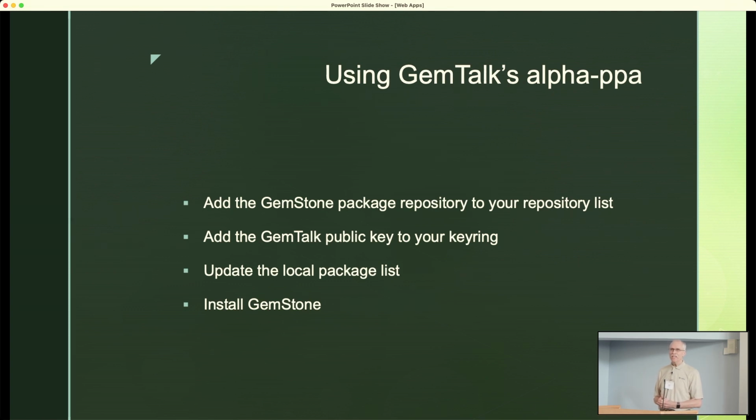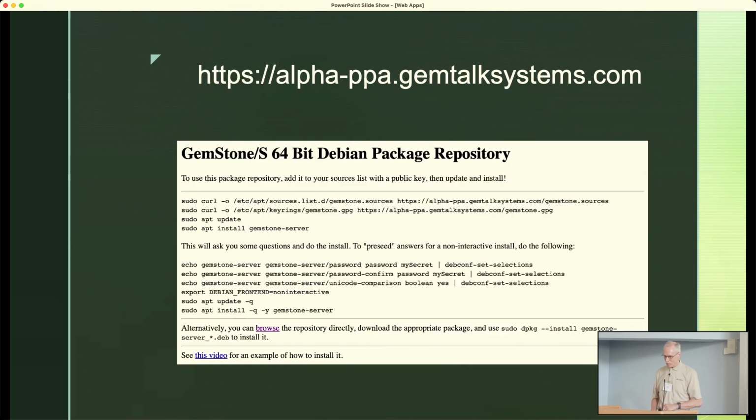To use it, there's just a few steps. Add this repository to your list of repositories, and I'll go through these in detail. Add the public key to your list of keys so that we can let you know that, yes, this is a legitimate source. Then apt update, apt install.